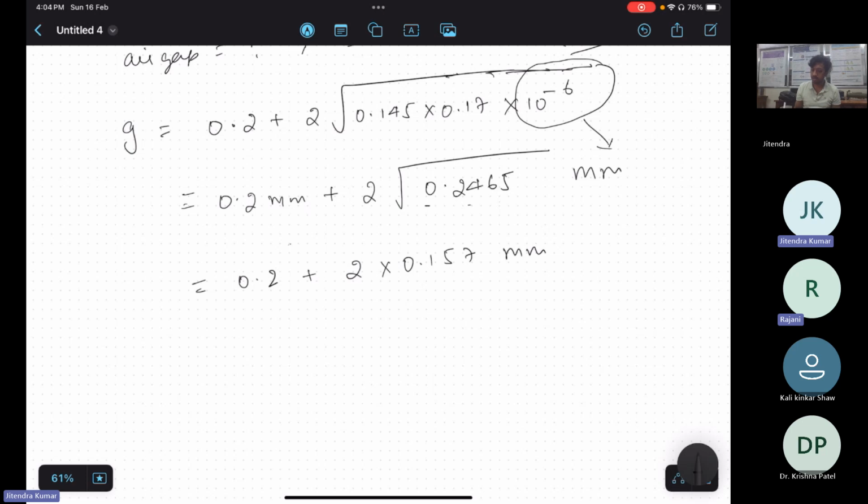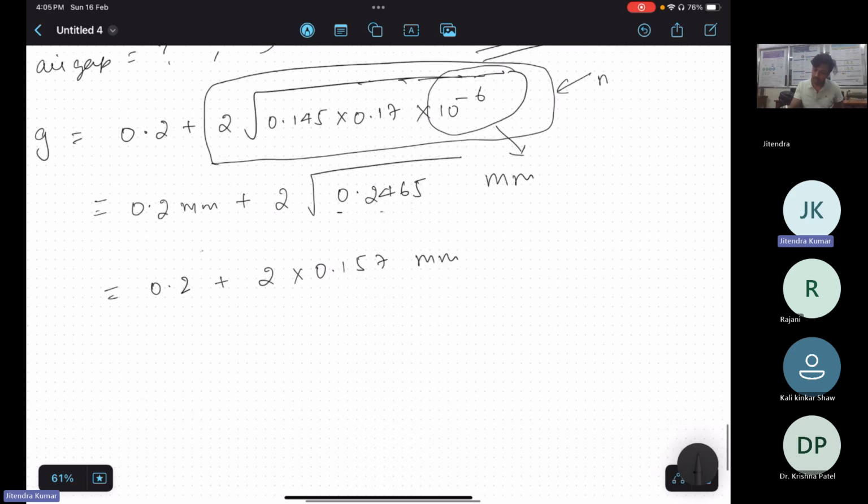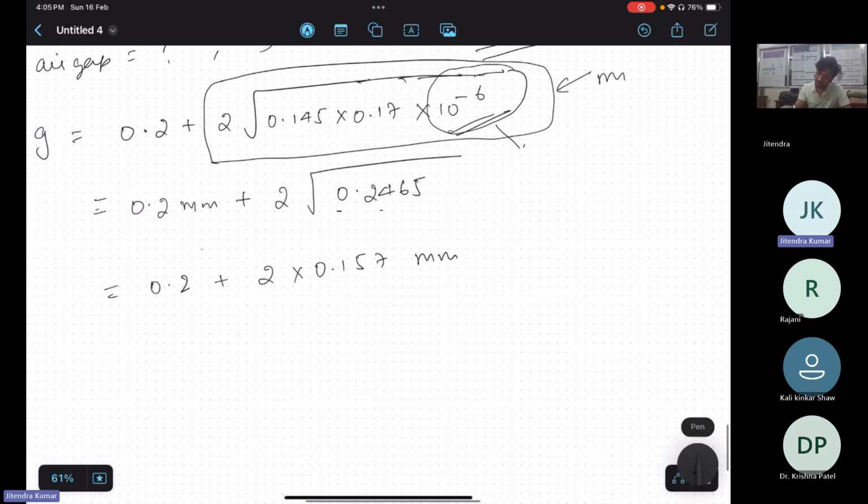Again, we are converting to meter? No, it is already in meter. This parameter is already in meter. I am just taking out of it and naming it as mm, and I am eliminating this 10 to the power minus 6. If you want, you can carry here. Okay, now you calculate.